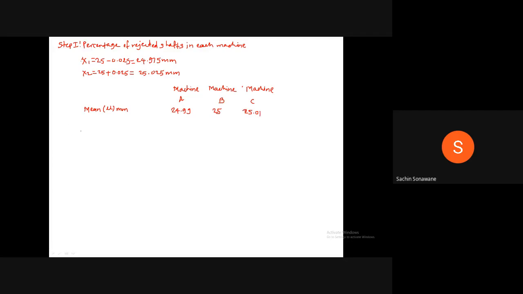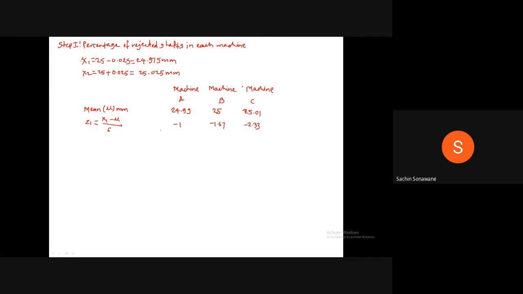Now next Z1. Z1 is equal to x1 minus mu divided by sigma, which is equal to here minus 1, minus 1.67 and here minus 2.33.